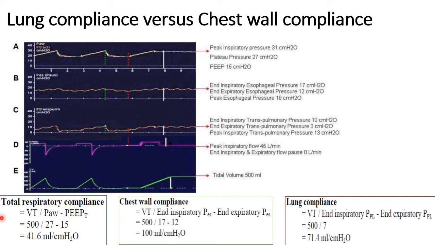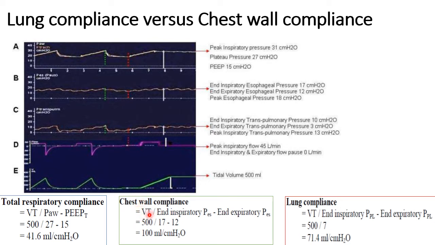So to calculate the total respiratory compliance, as we talked about in the last slide, tidal volume, which is the 500, divided by plateau airway pressure minus total PEEP, so 27 minus the total PEEP, we said 15, comes to 41.6 milliliter per centimeter water. How about the chest wall compliance? Very similar, but it will be the difference.